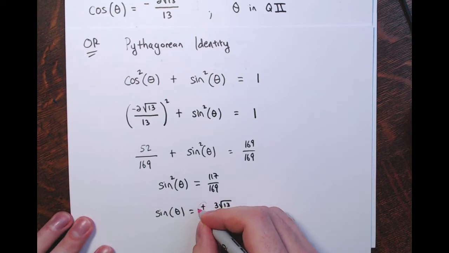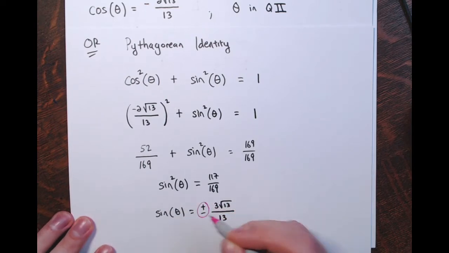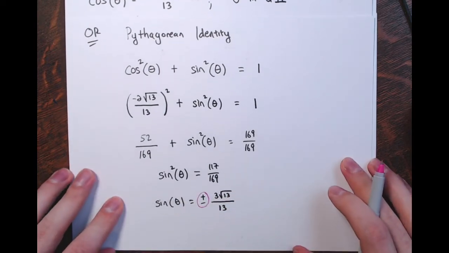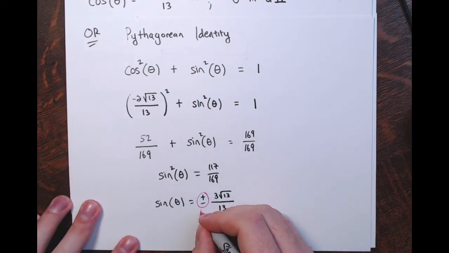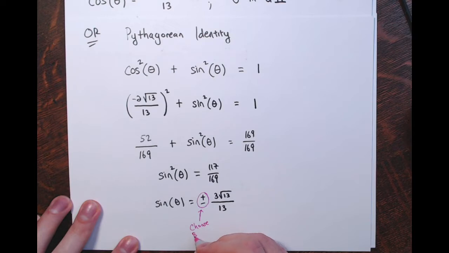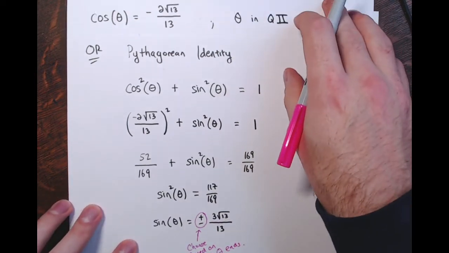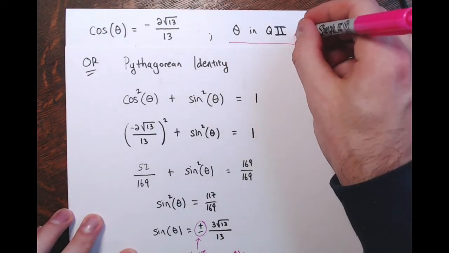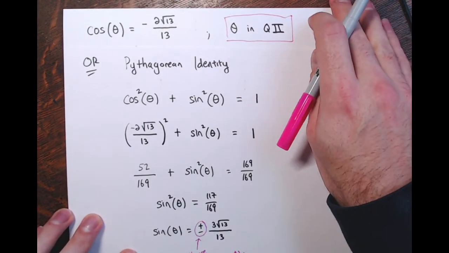Now you can't use both of them. The sine of an angle is going to be either positive or negative. It's not going to be both. So you have to choose based on where angle theta ends. So we are told that theta ends in quadrant 2.